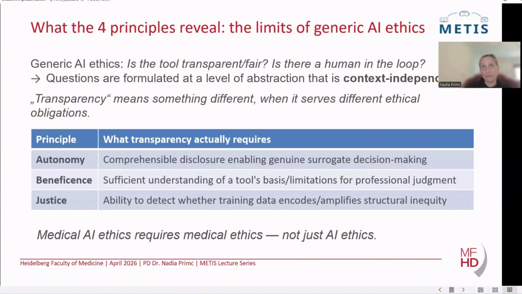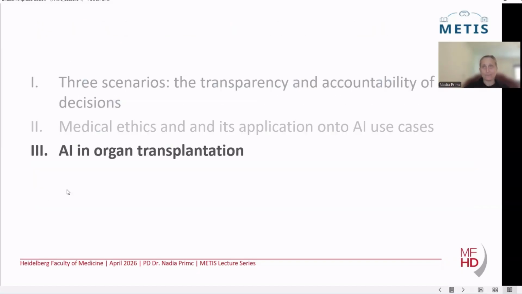These are all different questions, and it shows that there is a gap between those generic frameworks and the ethical questions that arise when we apply AI to different clinical contexts. And closing that gap is what the ethics of AI in healthcare is actually about. It can help to close that gap, at least partially.